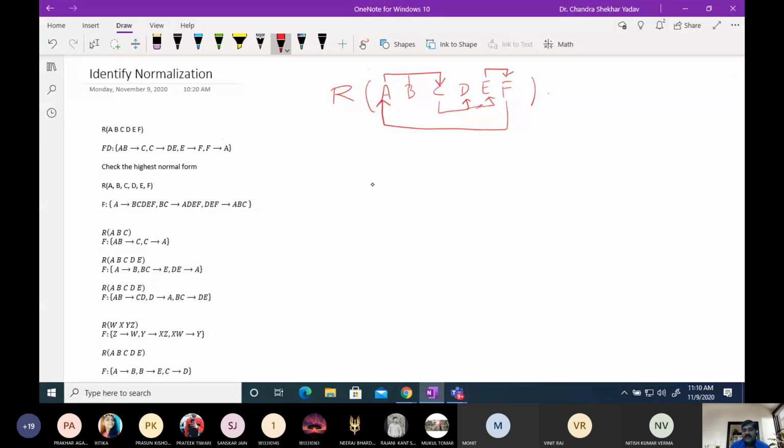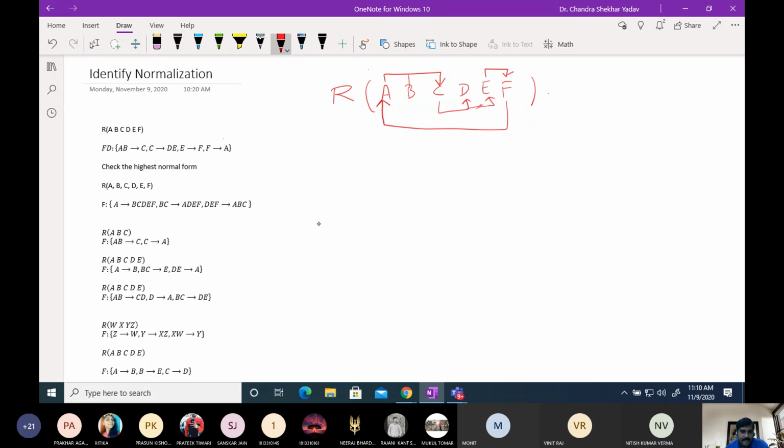So first we will find out the closure of B, and then we associate B with other attributes, and if we find all the attributes in the closure of other attributes with B, then we will say that this set of attributes acts as a candidate key. Did you get it?